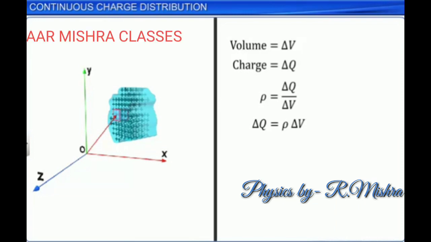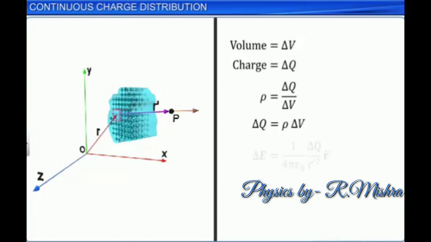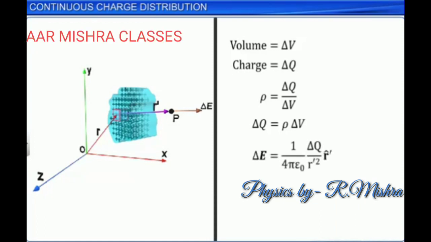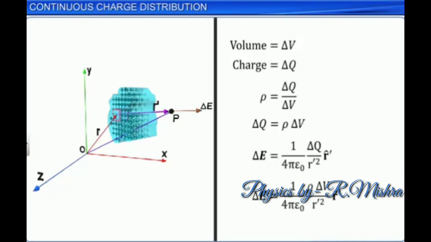Consider a point P in the electric field of the volume charge distribution, which is at a distance of r' from the volume element delta V. The electric field strength at point P due to the volume element is delta E equal to 1 by 4 pi epsilon naught delta Q by r' square into r' cap, where r' cap is the unit vector in the direction of the straight line from the volume element towards the point P. This can be written as delta E equal to 1 by 4 pi epsilon naught into ρ delta V by r' square into r' cap.